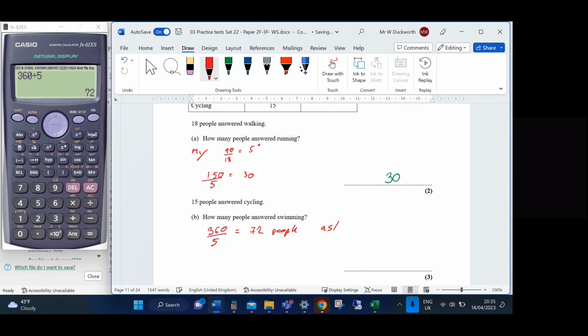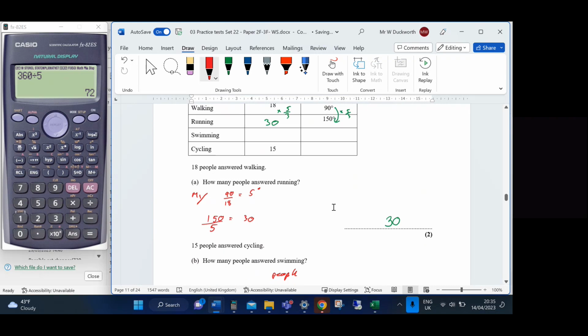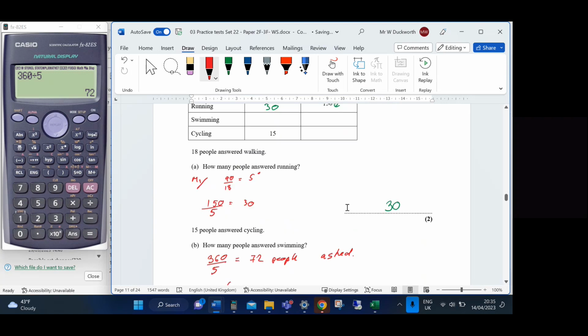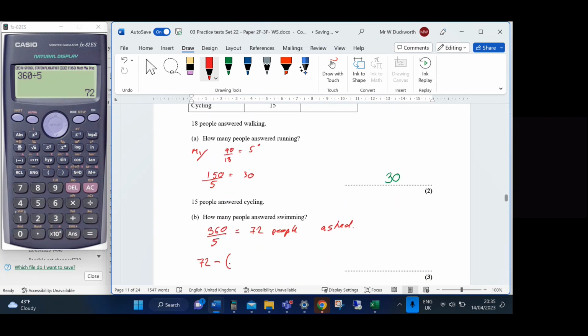I was just taking a second to see whether it stated that in the question anyway. So if I do 72 minus the numbers that we know of, so 72 minus open bracket 18 plus 30 plus 15. So we've got 9 people.